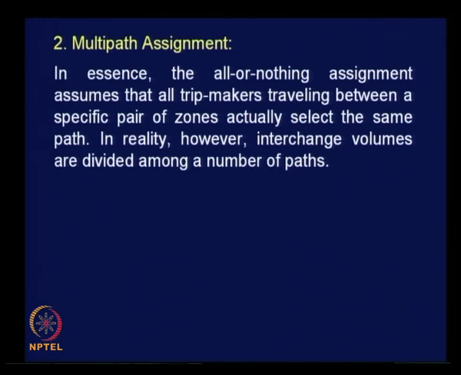That is a basic assumption. There is no alternative path as far as the previous technique is concerned. In reality, however, interchange volumes are divided among a number of alternative paths. So, that real aspect or reality is captured in multipath assignment technique.